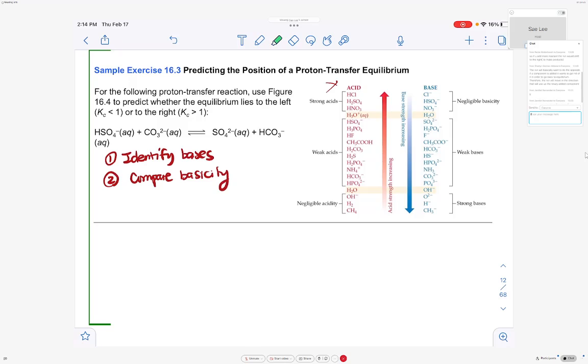Okay, so on the reactant side, carbonate ion is a base because it is receiving proton, or it is stealing proton. On the product side, sulfate ion is a conjugate base of the hydrogen sulfate ion.